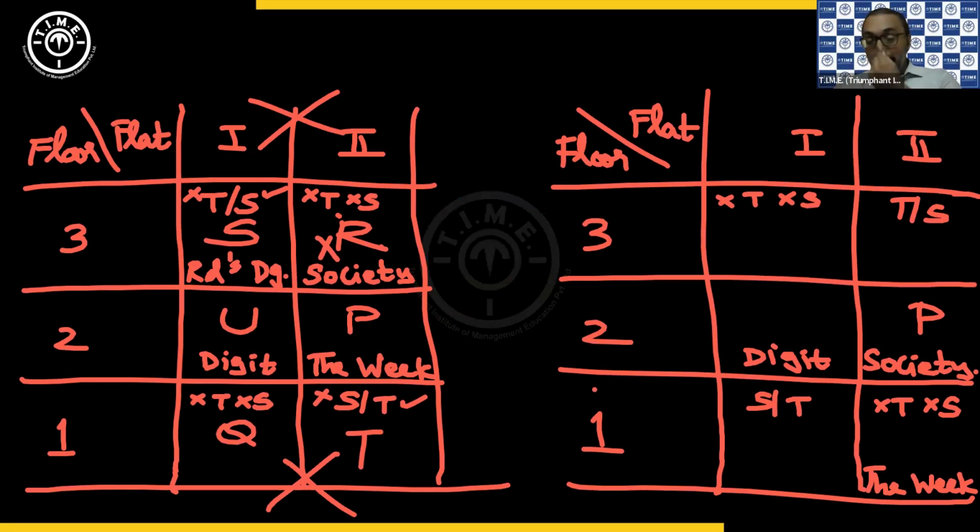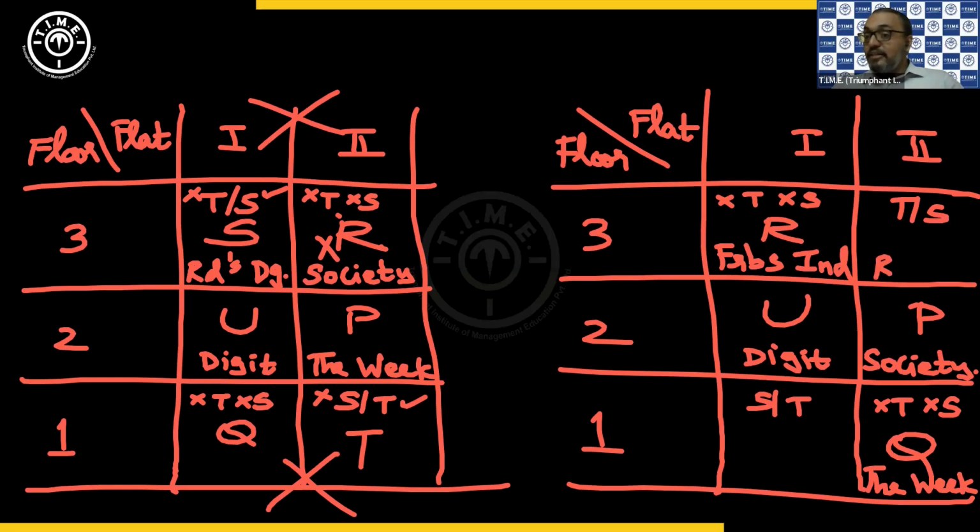So now coming to the second case, we know Reader's Digest should be in the third floor because Q has to be in the first floor and U has to be in the second floor, because of the condition Q is below U and U is below Reader's Digest. Okay. So now we have to give R and Forbes India first. That will be available in the first flat, third floor.